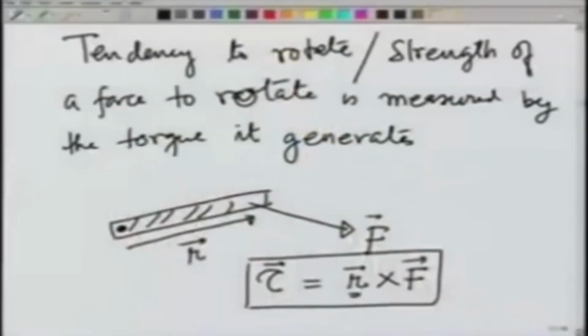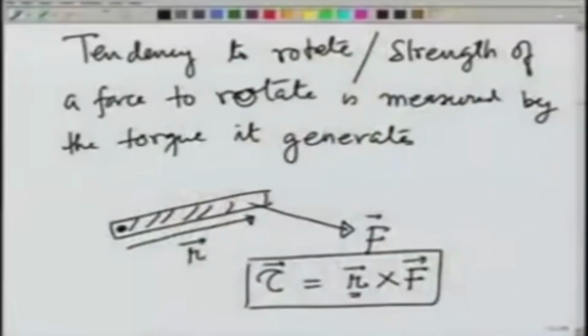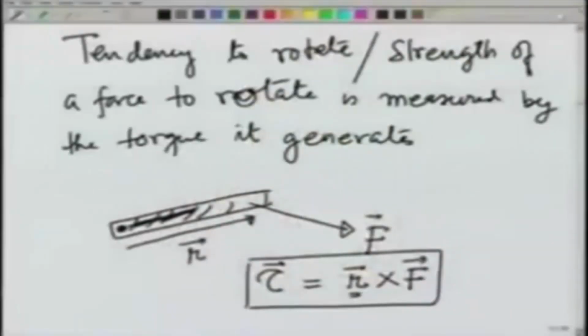Experience tells us the farther the force from the point at which the body is held, the more it tends to rotate. So, therefore, the distance is important. The vector product is important because if the force is applied in the direction of this point, if the force is along the same direction, it will not rotate. So, the vector product in that case would be 0. So, this is how the torque is defined.